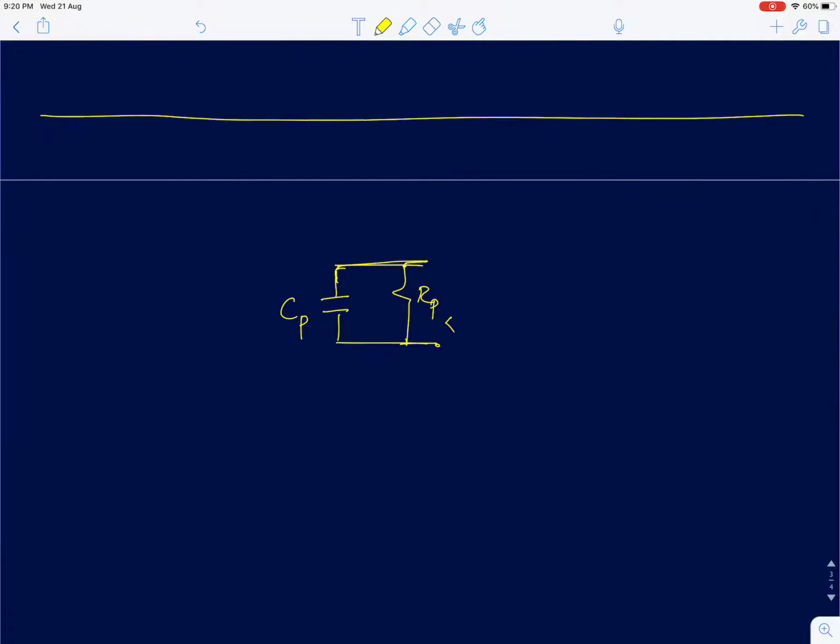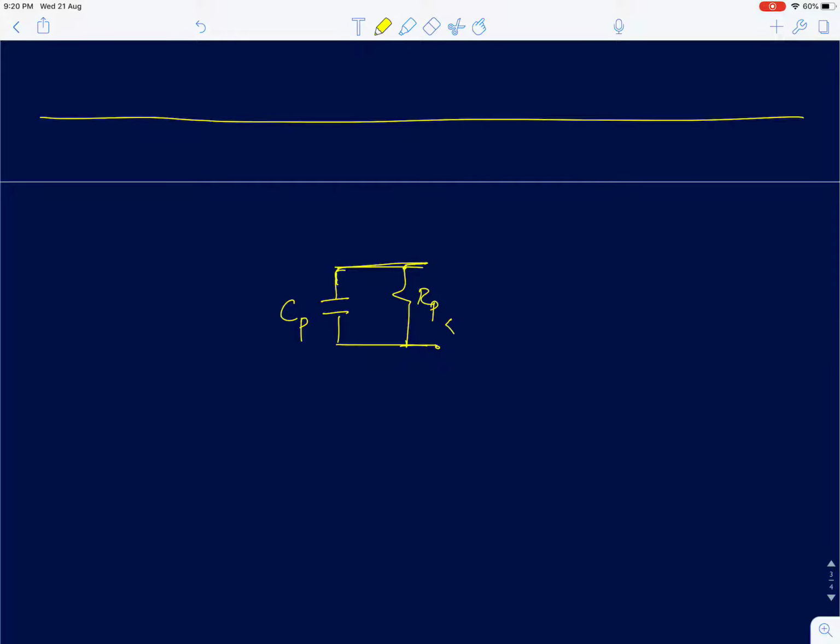Now in a similar manner we can try to compute the value of Q. In this case, when two elements are in parallel, the one with the higher conductance is going to dominate the overall conductance. So I am going to take the ratio of conductances.